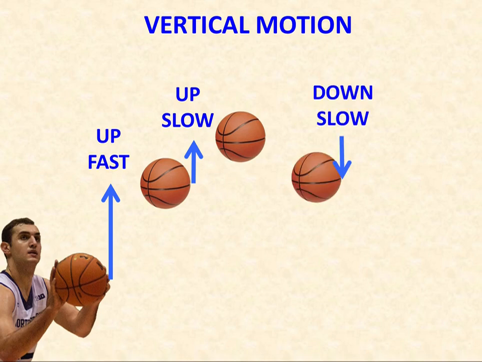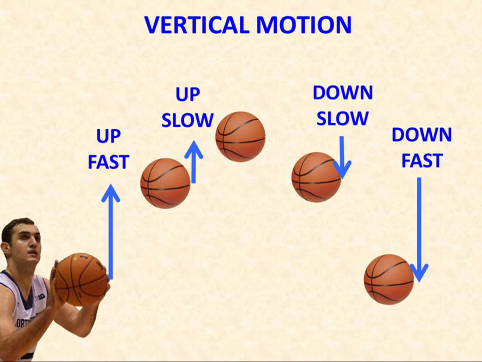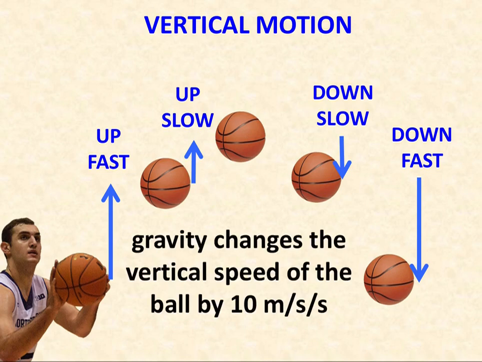On the way down, it starts off slowly, but then gains more and more speed as it falls. The reason this is happening is because of gravity. So what you want to write in your notes is that gravity changes the vertical speed of the ball by 10 meters per second every second.